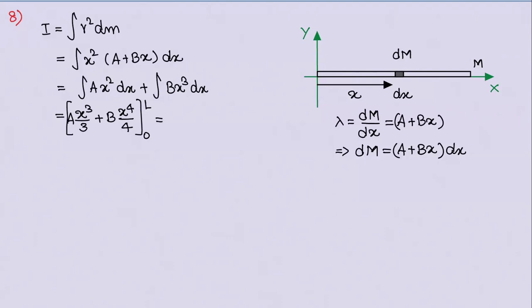So I'll substitute the value of a also. A is 6, so 6L cube by 3 plus b is 4, 4L power 4 by 4. When you cancel, the answer for moment of inertia I is equal to 2L cube plus L power 4.